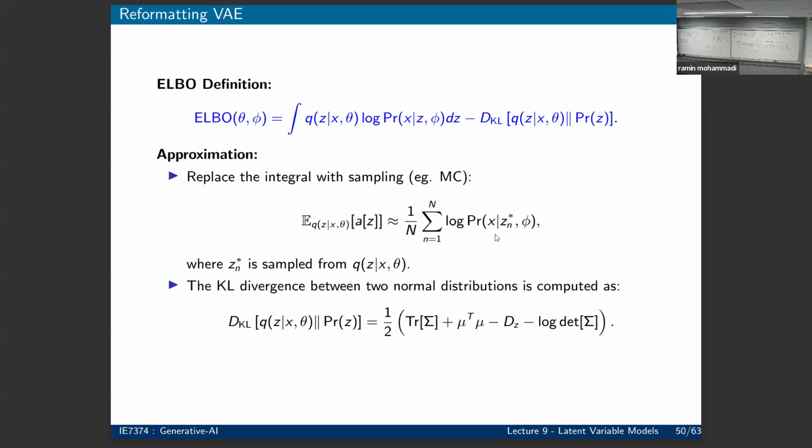Here, for this one, we can apply Monte Carlo sampling in order to estimate that value. And for the second term, which is the KL divergence, what we are doing is calculating the KL divergence between two Gaussians. This is a Gaussian with mean mu and covariance. This is a Gaussian with mean 0 and covariance I. And this is the formula for the KL divergence between those two.